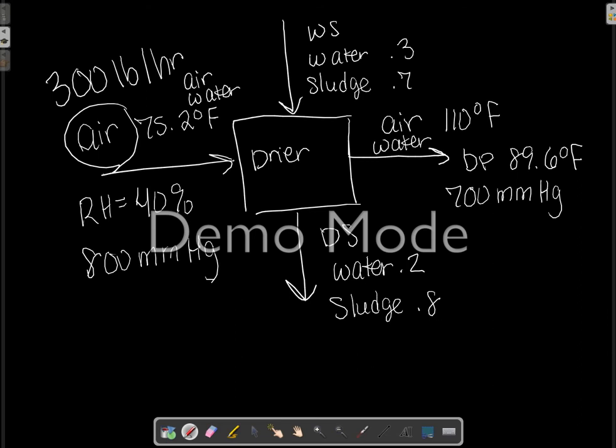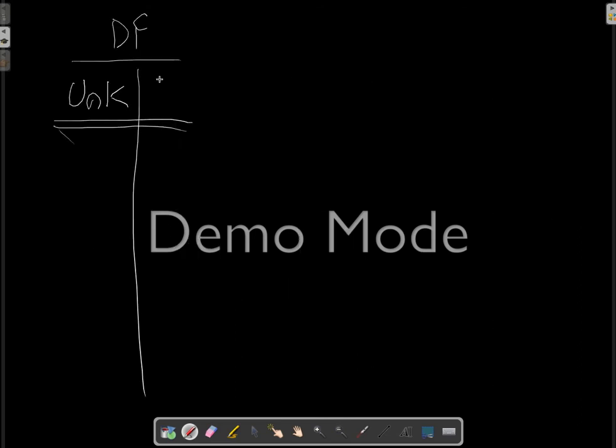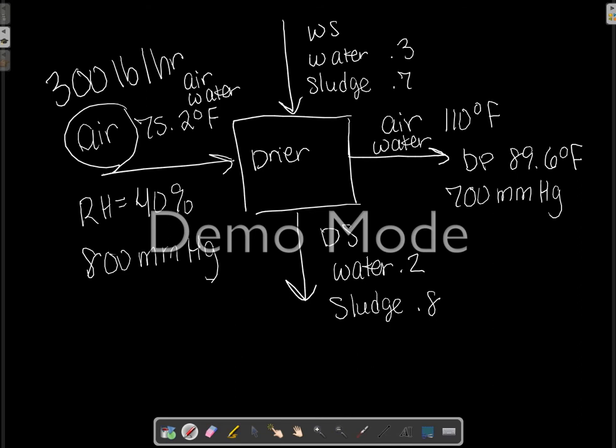So in each stream, here we have air, we have water and sludge, we have air and water, and we have water and sludge again, so that is 8, like we did before. Now the next thing we can look at is our mass balance equations. We have 3 separate species, right? We have air, we have water, and we have sludge.